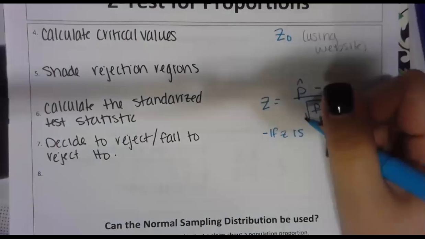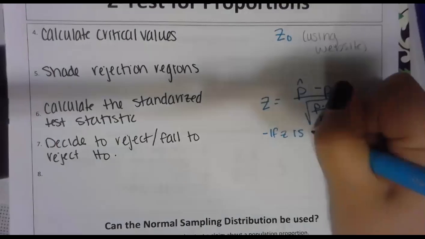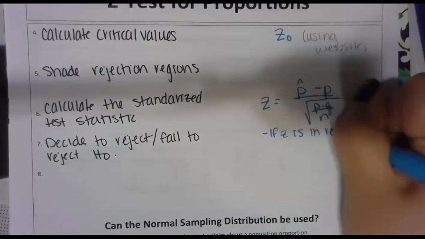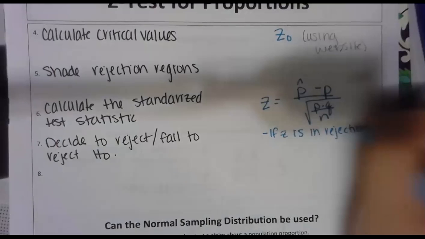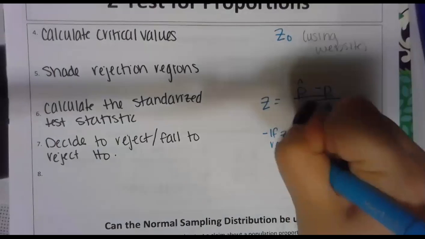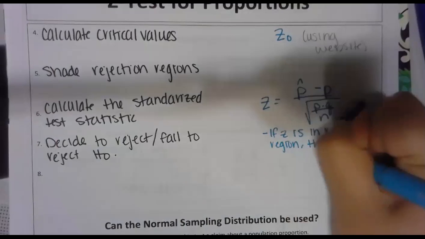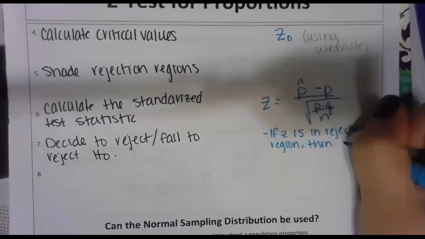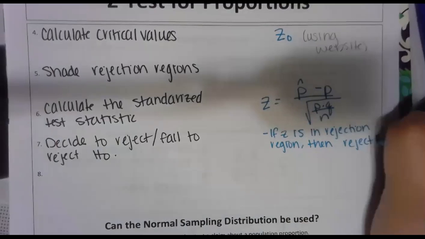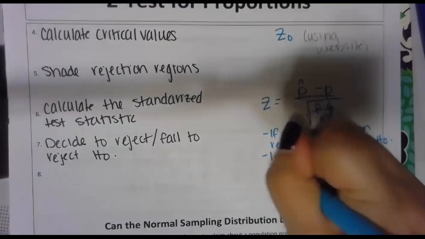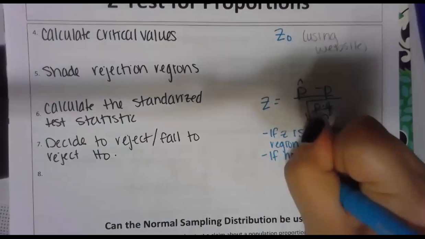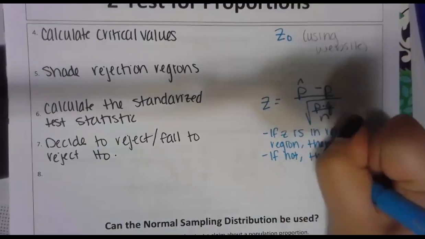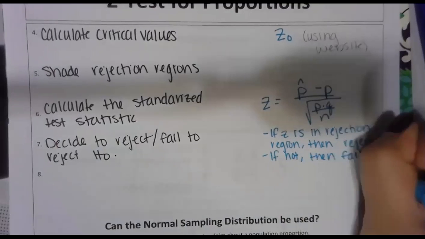If it falls in the rejection region, which is a shaded region, then you reject your null hypothesis. If it does not, then you fail to reject it.